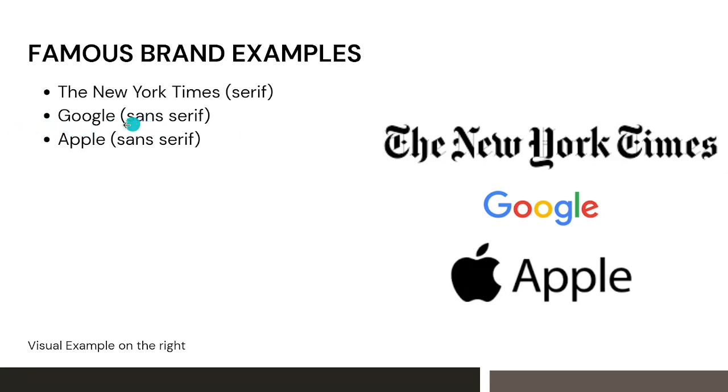The first one is New York Times, which uses a serif font, and the second one is Google, which uses a sans serif font. You can see that around this Google, there's no curved stroke or extra stroke around it. So this is a sans serif font, and we also have Apple, which uses a sans serif font, as there are no curved strokes around the edges of the letters.